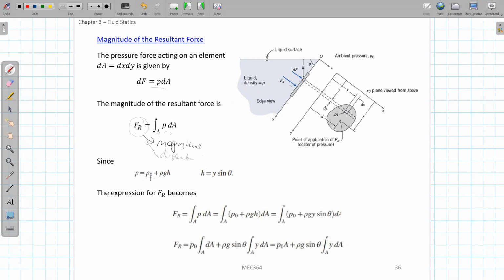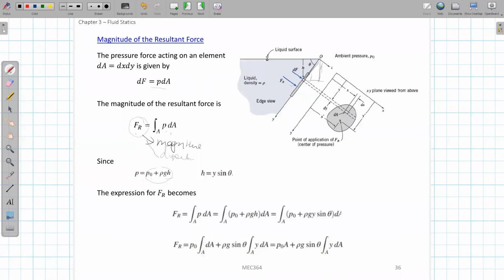Assume the pressure is equal to the standard atmospheric pressure p0 plus rho g h. And h is the vertical distance to this surface area, so it will be equal to cosine theta times y. So this is the y length, and this is theta. So h will be cosine theta. Oh, sorry, it's sin theta. That means h can be written as y times sin theta.